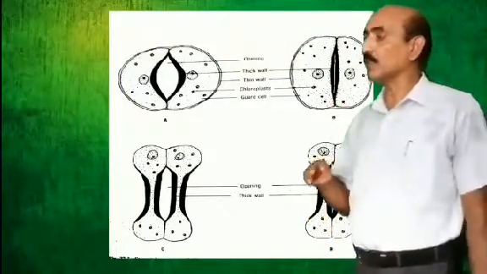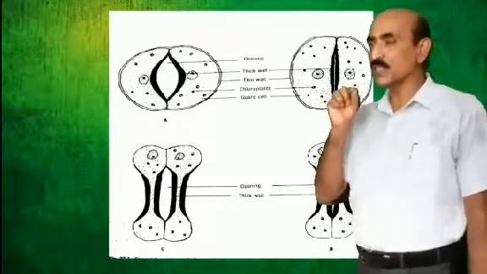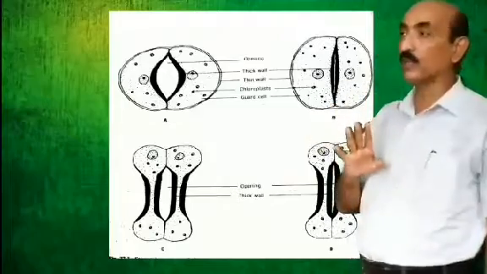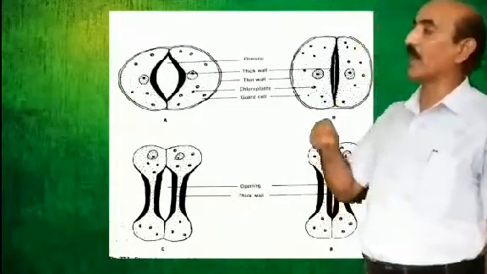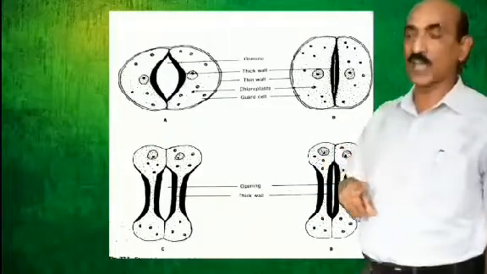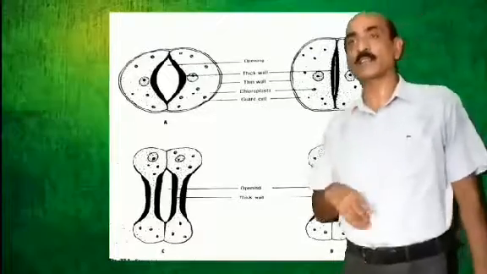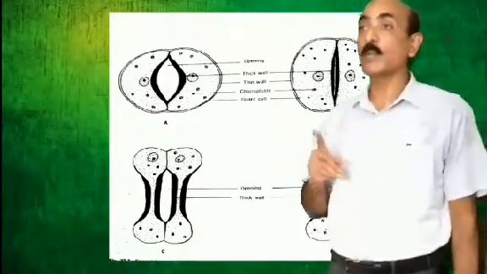The third one is chlorophyll. The chlorophyll pigment is the most essential factor for photosynthesis. And the fourth one is water. Water is absorbed by the plants from the soil through the ascent of sap. And the fifth important factor for photosynthesis is suitable temperature.